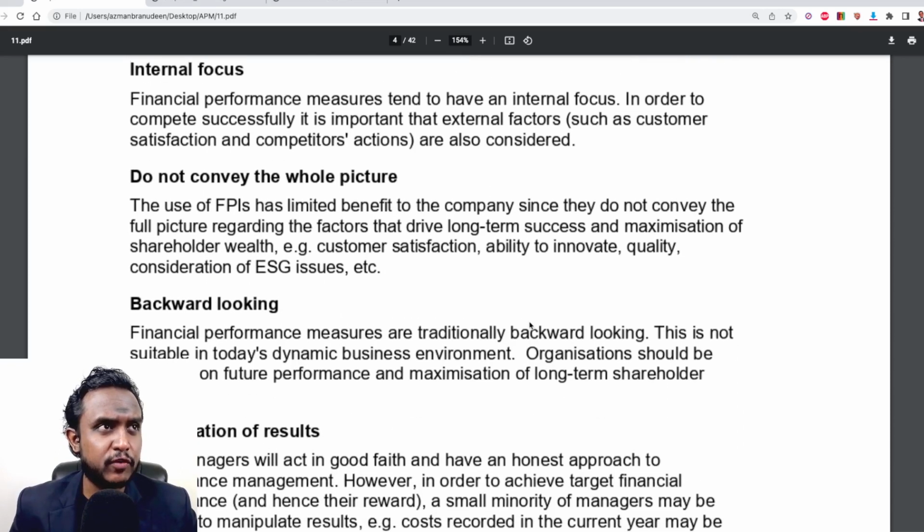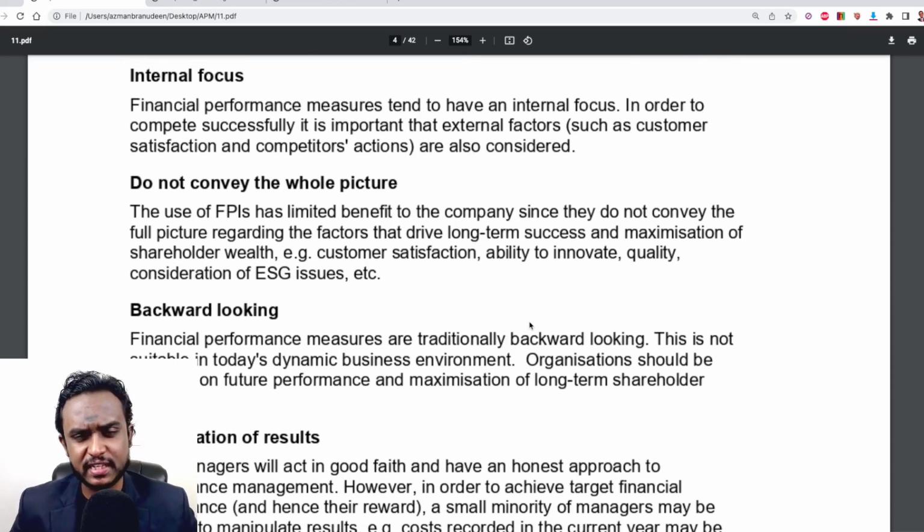The other is internal focus, because financial performance is developed using internal financial figures, right? Your historical performance. So not only is it internally focused, this third point that you see on the screen is backward looking. By looking at your internal business and your historical performance, you're limiting yourself. With how fast the world changes, you never experience the situation of yesterday again, and you don't really experience it tomorrow.